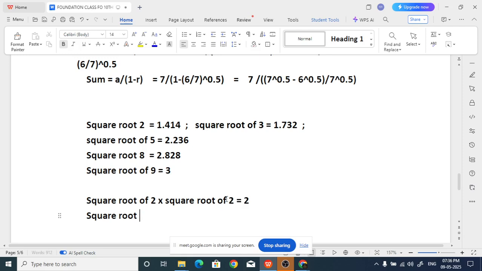Square root of 3 into square root of 3 is equal to how much? 3. So this is one way. From square root you are getting this value. If you are given the value 3, then you should be able to find out the square root. So those are the values 1.414 and 1.732, and so on. This is how you should find the value of square roots. The square root of 5 is 2.236, like that.